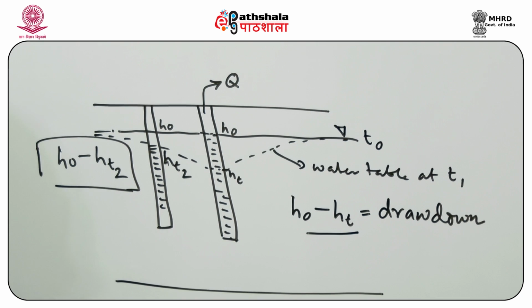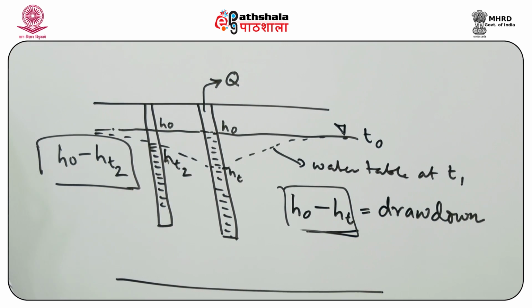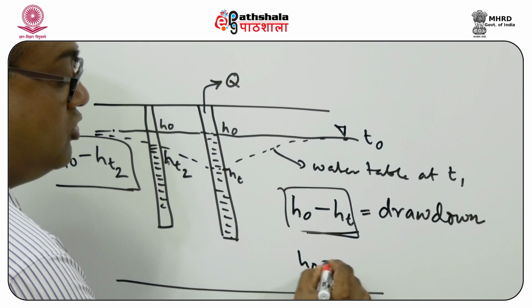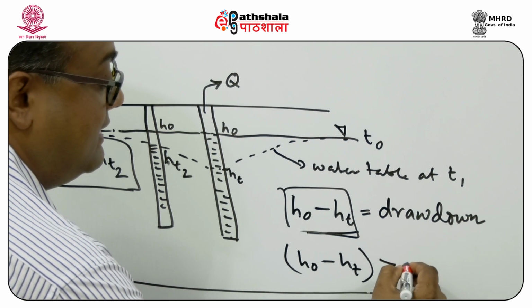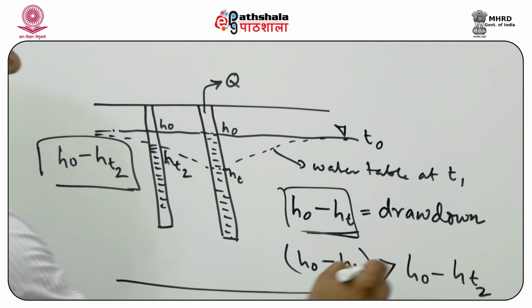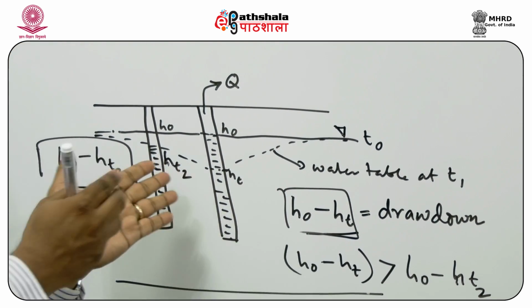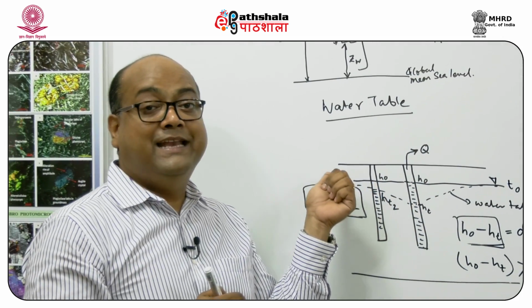This is one drawdown value, and this is another, but as we can see, the drawdown H0 minus HT is greater than H0 minus HT2. Why? Because the cone, or depression, that forms becomes smaller and smaller.